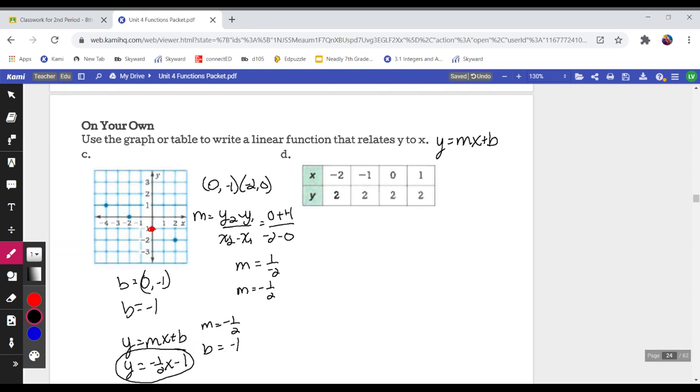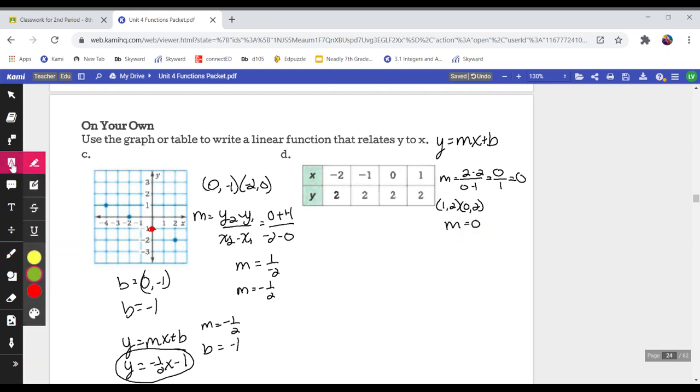All right, letter D. To find my slope, I'm going to take the points (1, 2) and (0, 2), and do 2 minus 2 divided by 0 minus 1. 2 minus 2 is 0 divided by 1, well, that's 0. So that means my slope equals 0. Then for my y-intercept, I want to have my x value be 0.